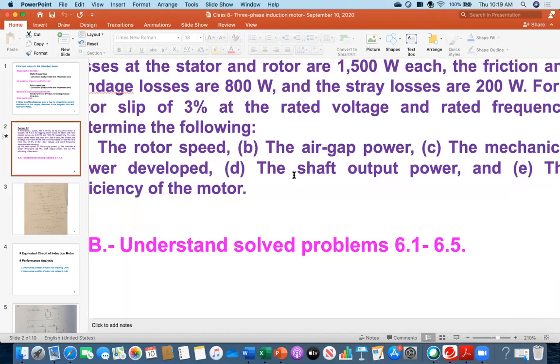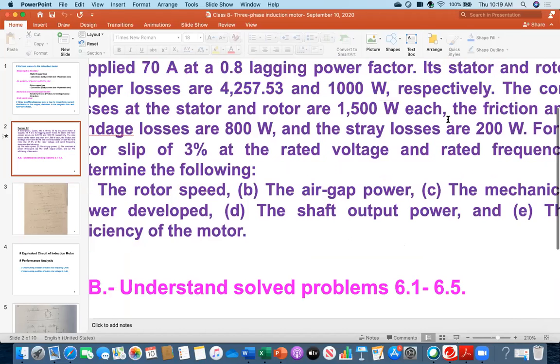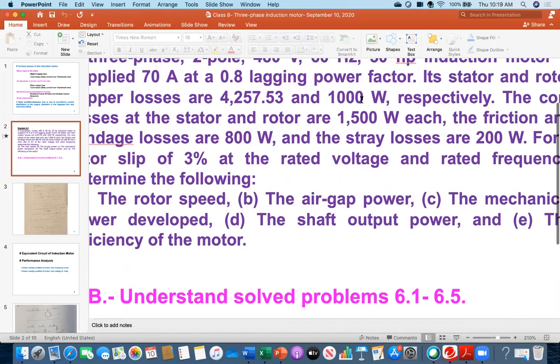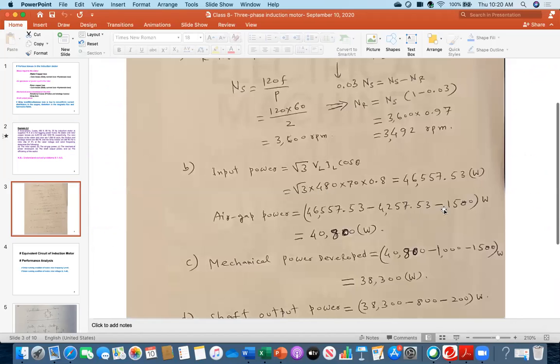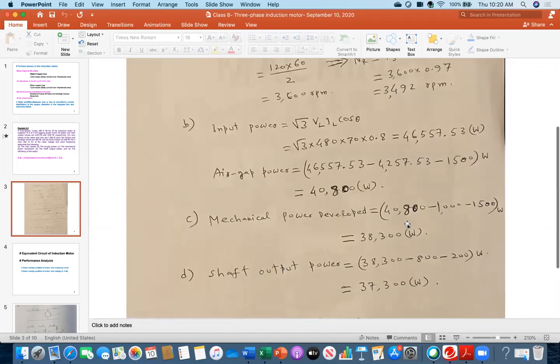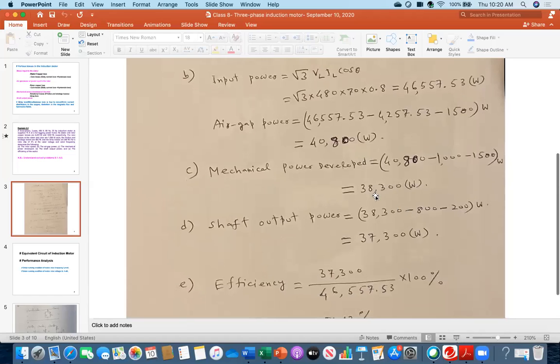Those things were given here. This number was the rotor copper loss and this number is the rotor core loss. So I subtracted those two, and I got 38,300 watt. And that is the mechanical power.